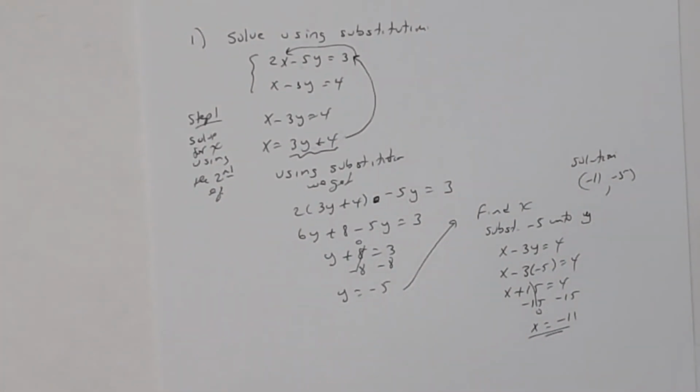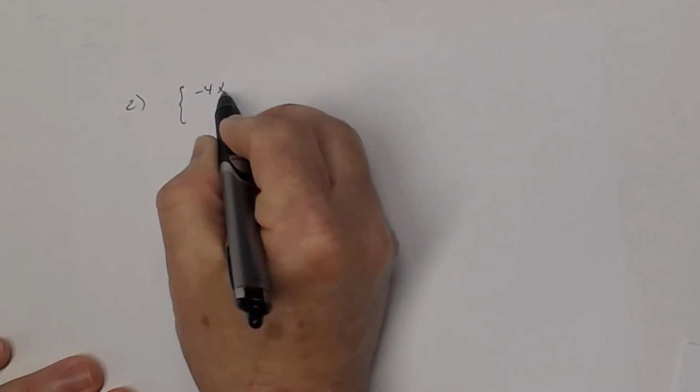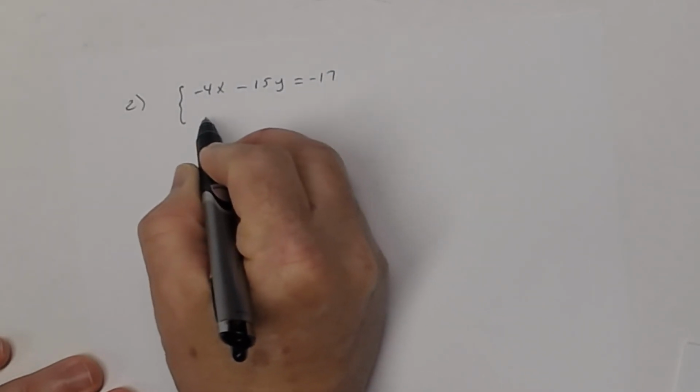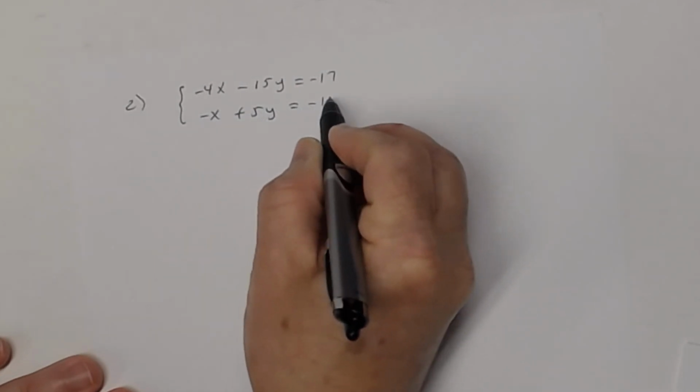Number two, we have this system. All right, so here's number two: negative 4x minus 15y equals negative 17, and negative x plus 5y equals negative 13.